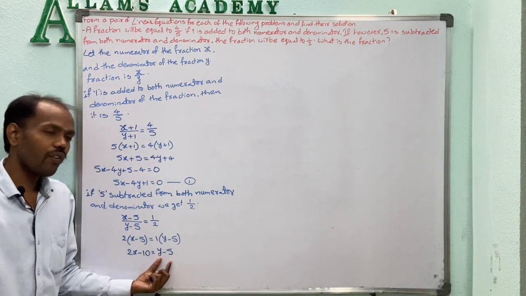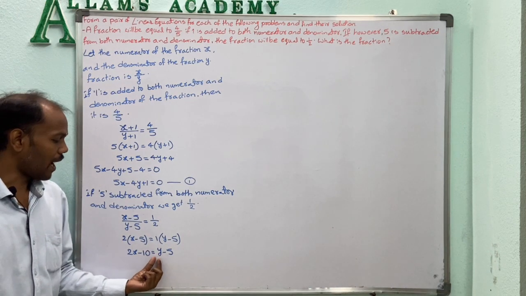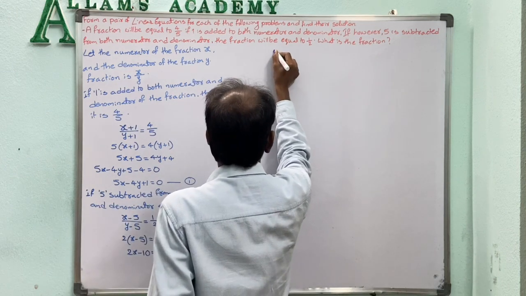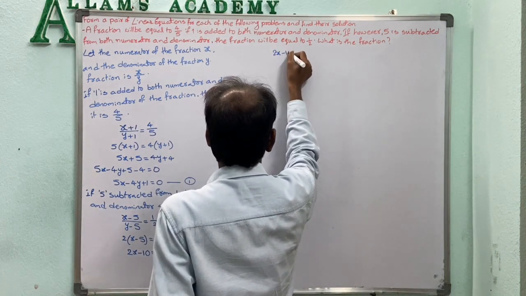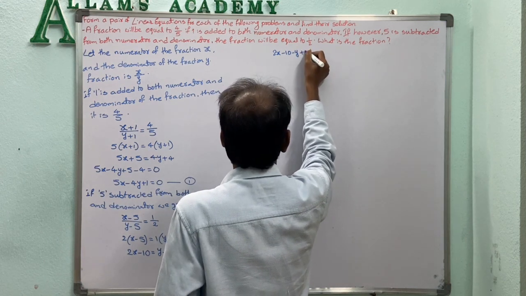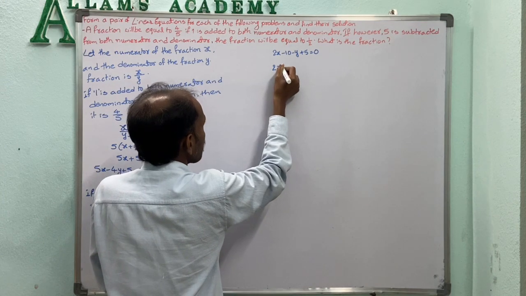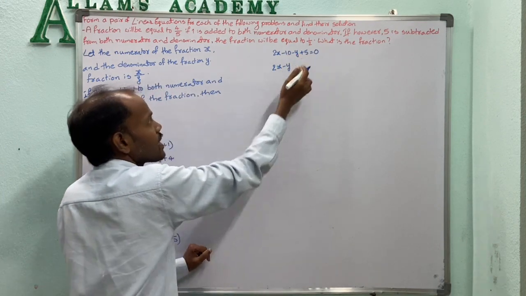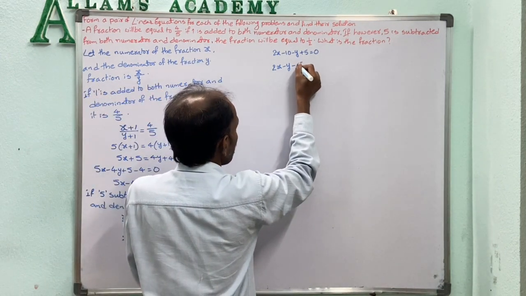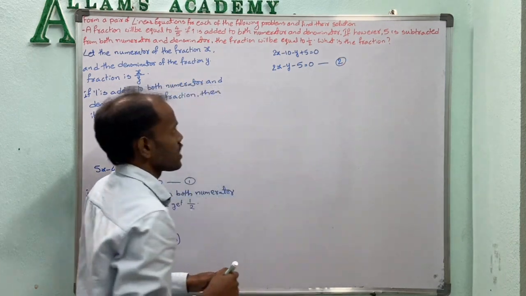Now transferring plus y minus 5 to this side, that is minus y plus 5. So 2x minus 10 minus y plus 5 equal to 0. So that is 2x minus y minus 10 plus 5, that is minus 5, equal to 0. Now this is the second equation.